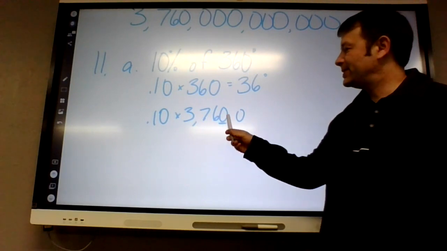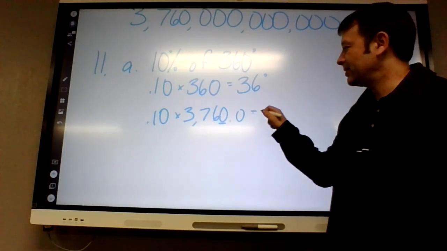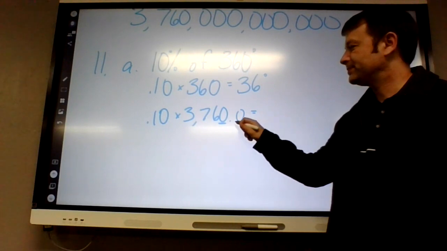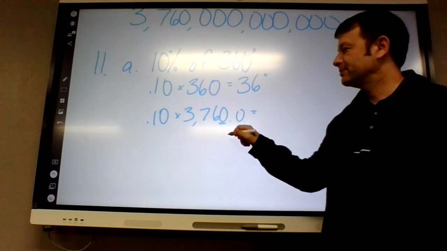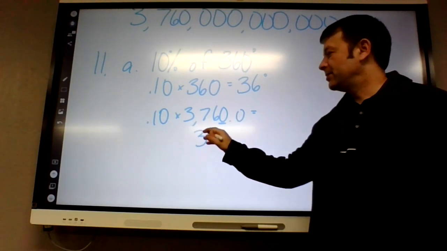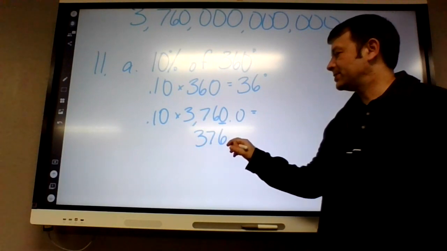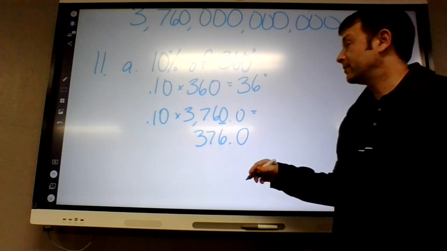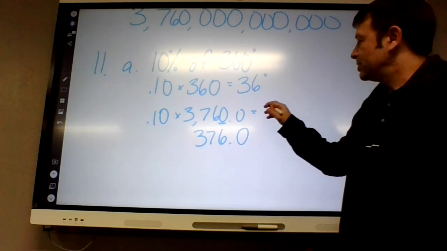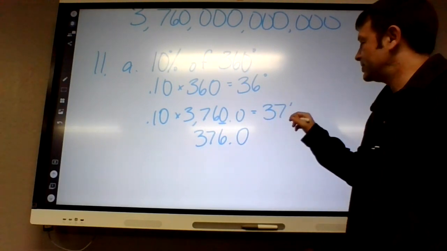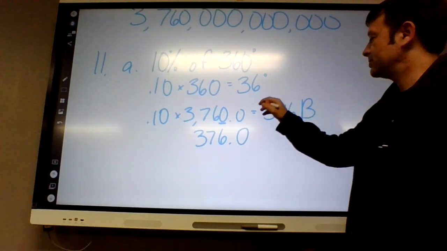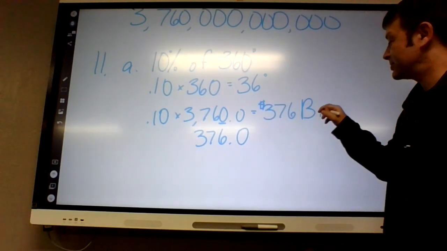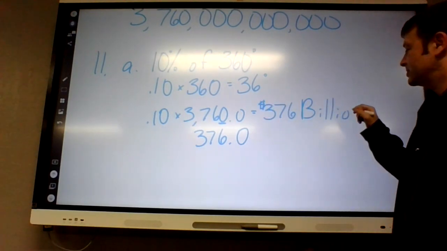When you multiply by 10, you guys know what that one's going to be? It's going to be 376. Like the decimal just moves over. So it's 376, but it's not $376, it's $376 billion.